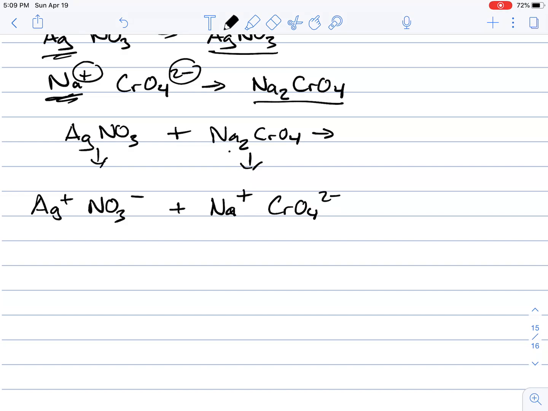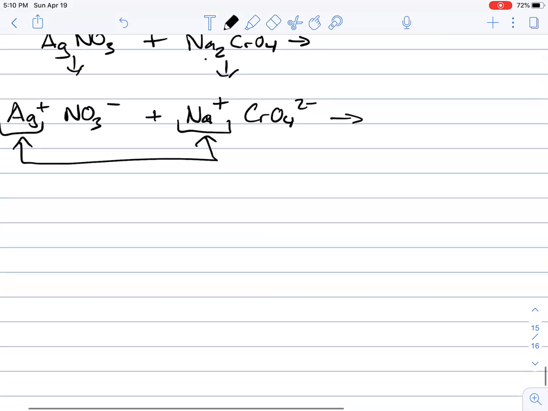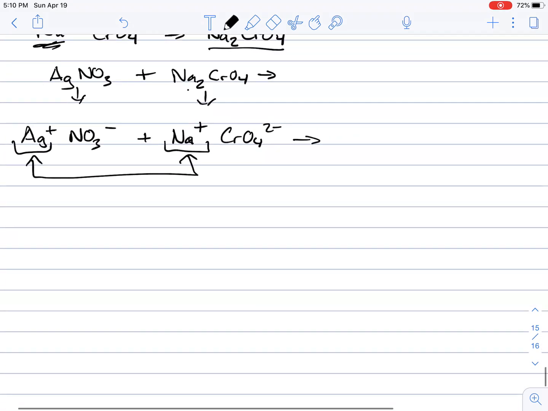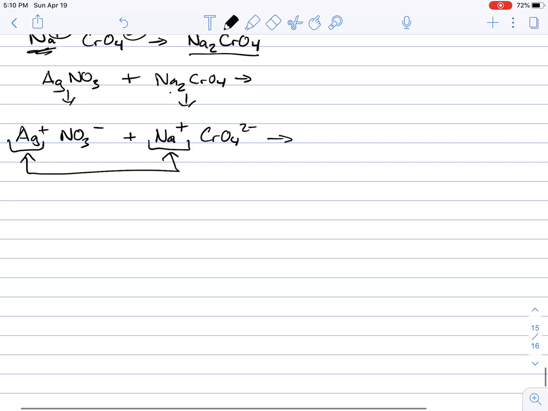Sometimes writing it in ionic form will help us create the chemical formula correctly for our products. Here Na is now going to be paired up with NO3, and we have silver that's going to be paired up with chromate.